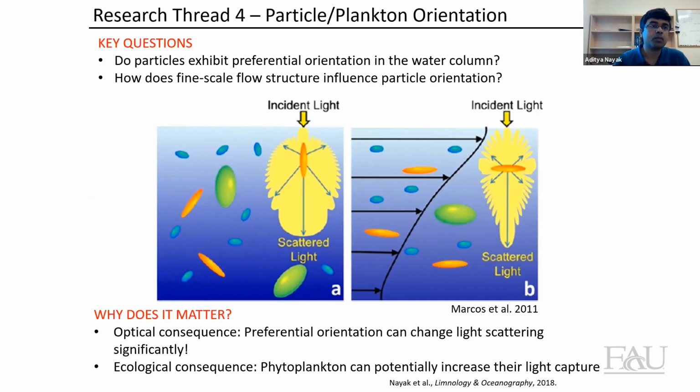That really was one of the first comprehensive observations of particle orientation in the ocean. We published that, and we also have more NSF funding to do controlled experiments with different phytoplankton species in the lab to further understand this phenomenon better.